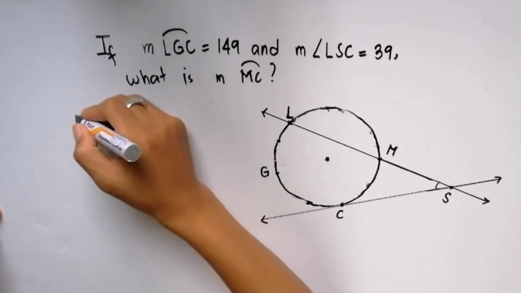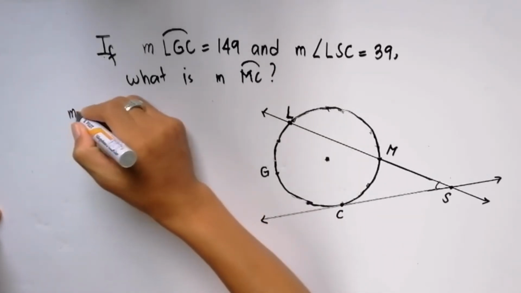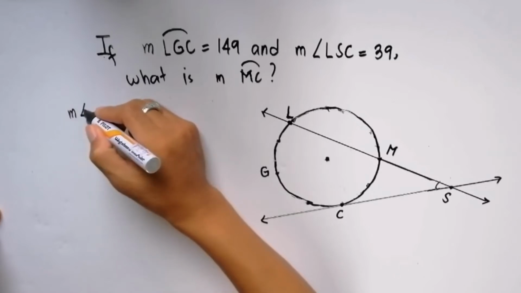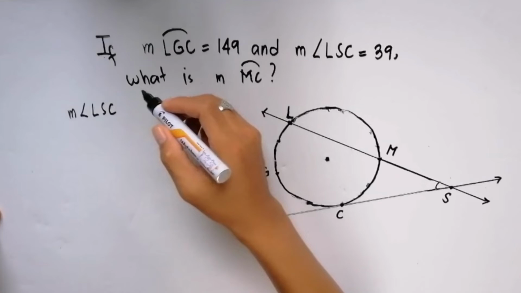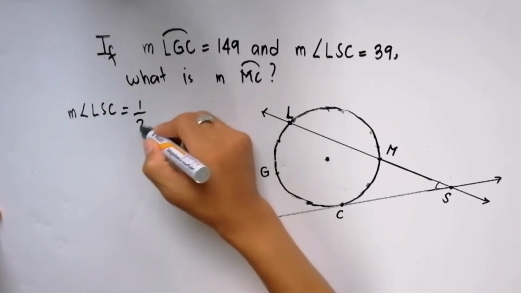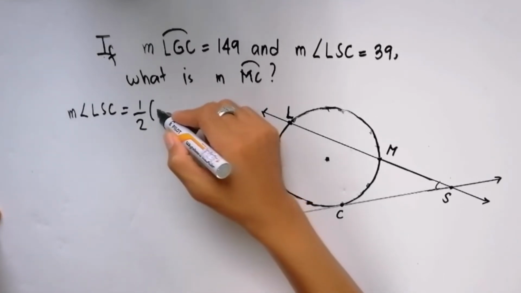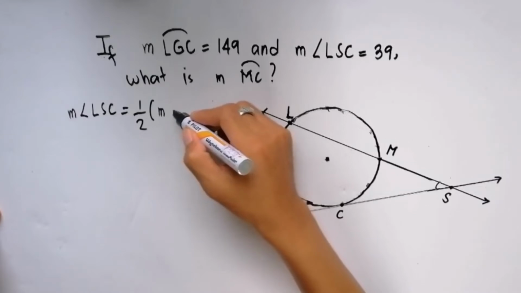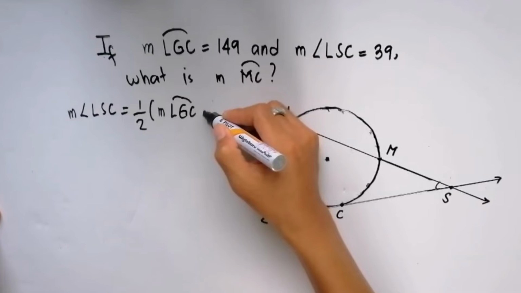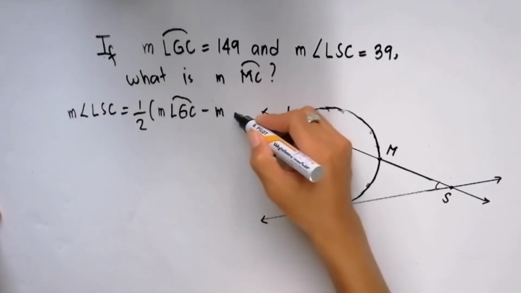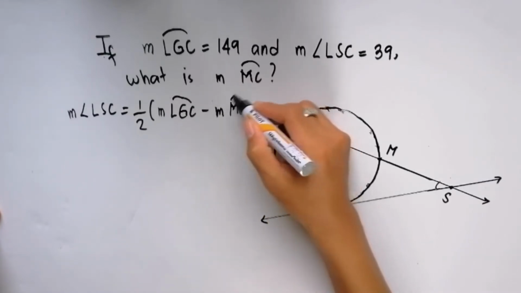So we have the measure of angle LEC is equal to 1/2 times the measure of arc LGC minus the measure of arc MC.